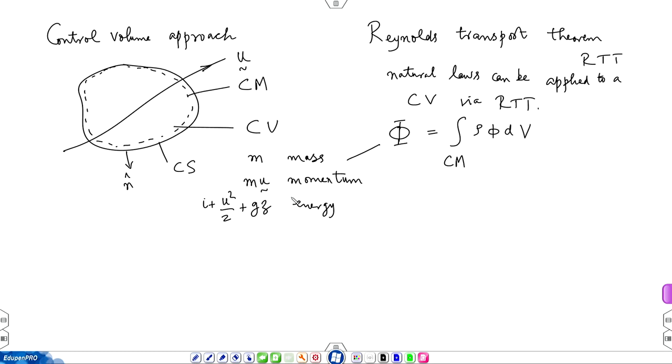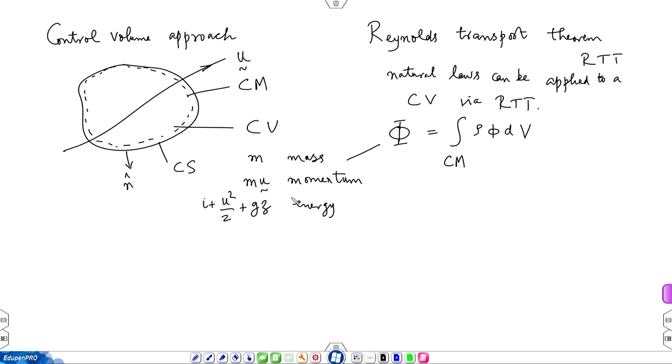I is internal energy linked to temperature. Of course, in our discussion we are going to set temperature equal to constant, that will make I equal to constant during the flow process. So, these are the attributes.